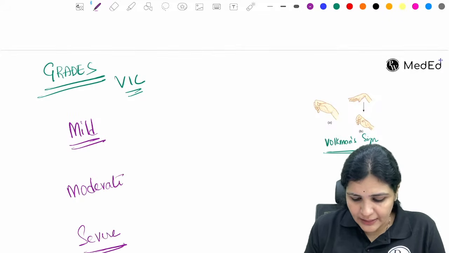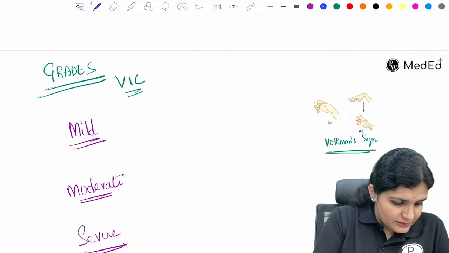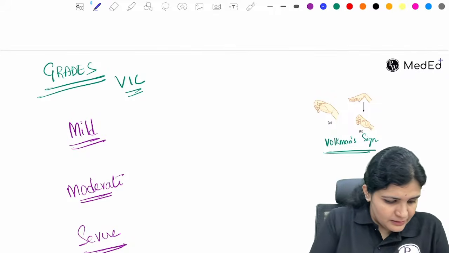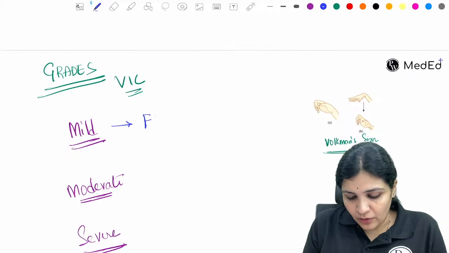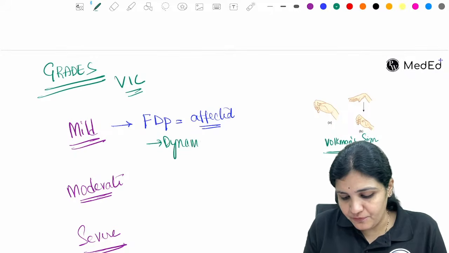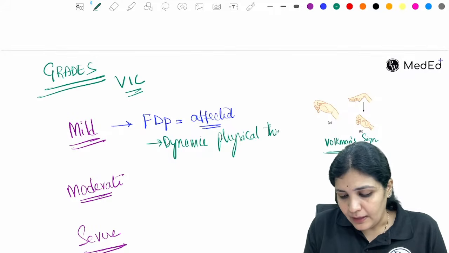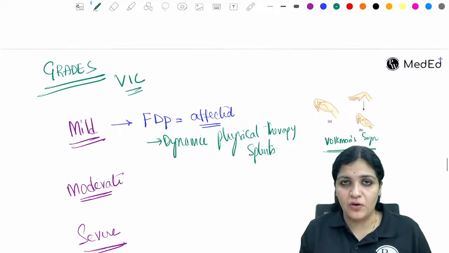This is what is expected for you to write. In mild, only your FDP is affected. Here you can treat it with dynamic physiotherapy or physical therapy, and splints, and now it gets normal. So it is a limited Volkmann's ischemic contracture.